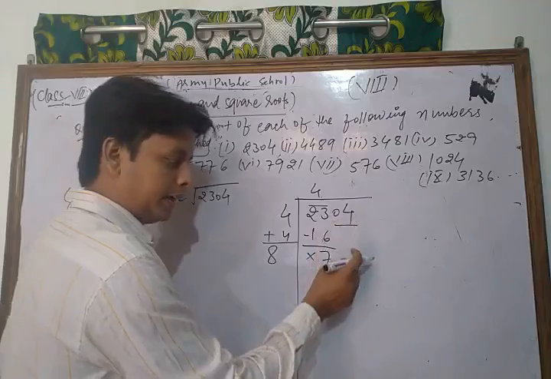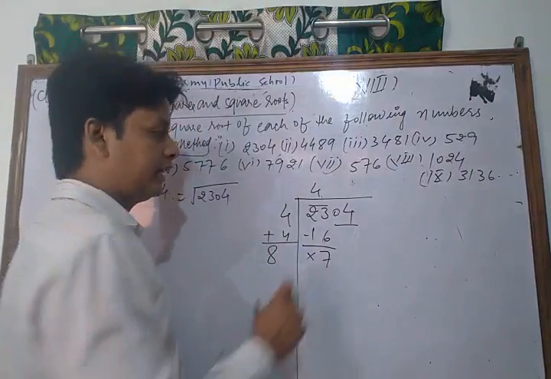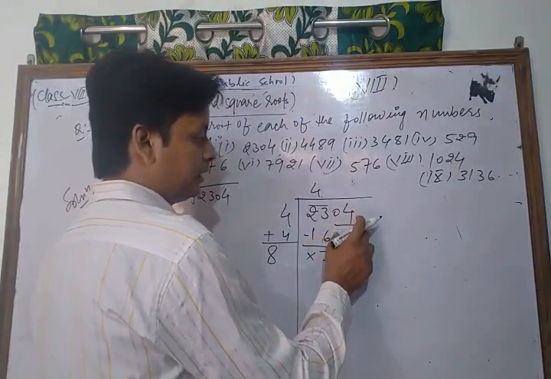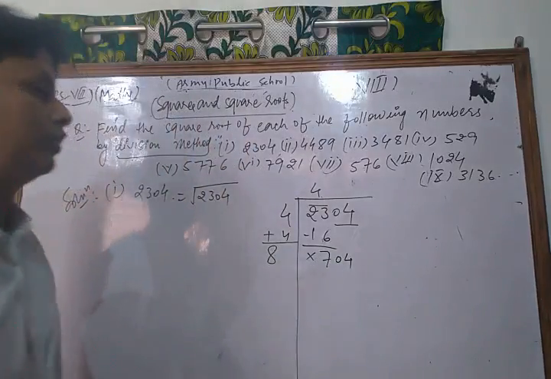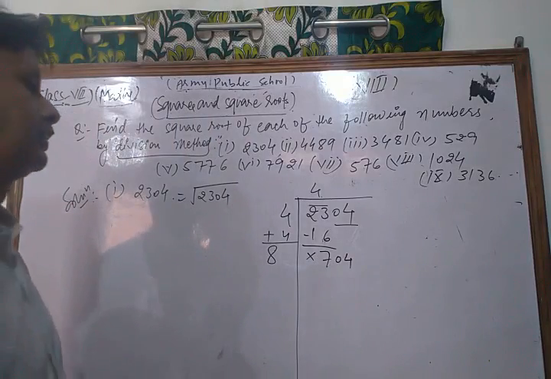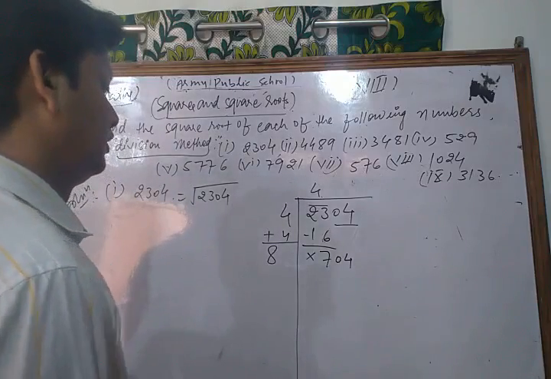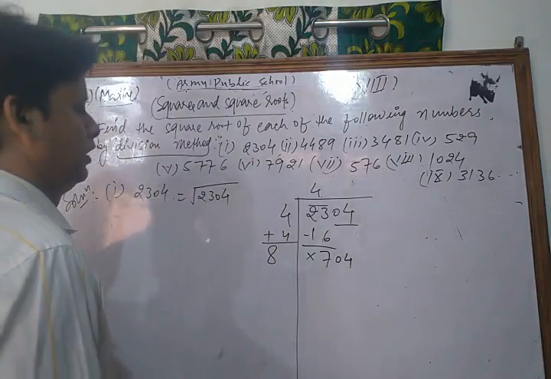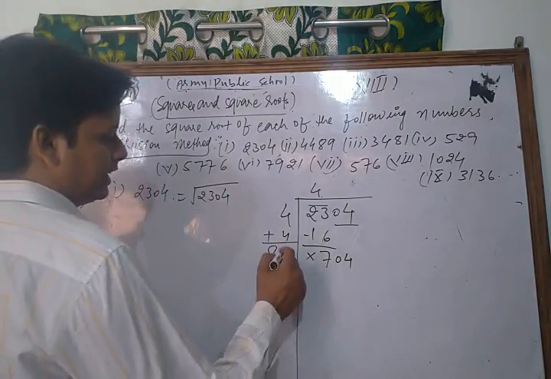Now here we write 04 together. We always take a pair from that place. So here we write 04. Now let's see 8 times.